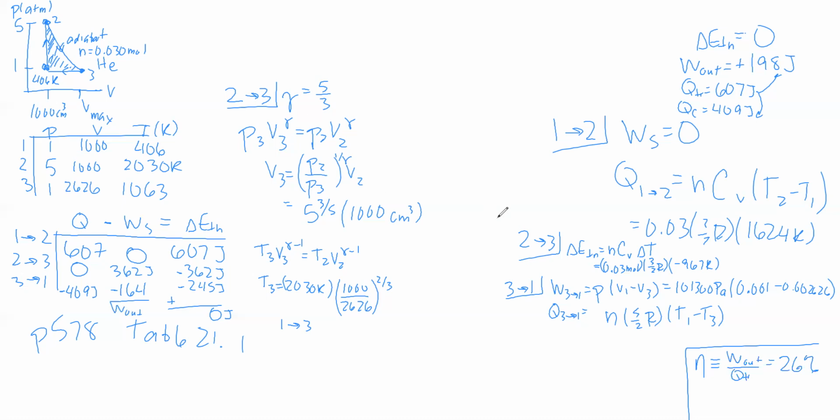All of those closed cycles have what we call an efficiency, and you can use these tables to calculate those things. So yeah, this is a really good opportunity to practice all of the different pieces of thermodynamics.